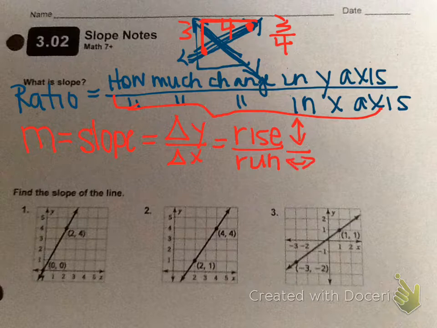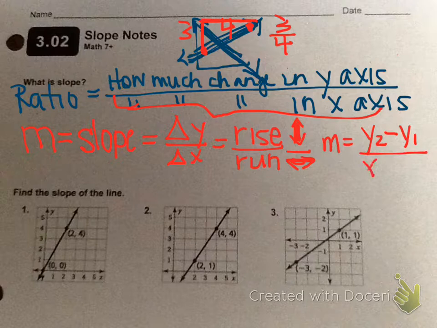So rising here and running here. And then the slope formula is y2 minus y1 over x2 minus x1. And we'll talk a lot more about that a little bit later.